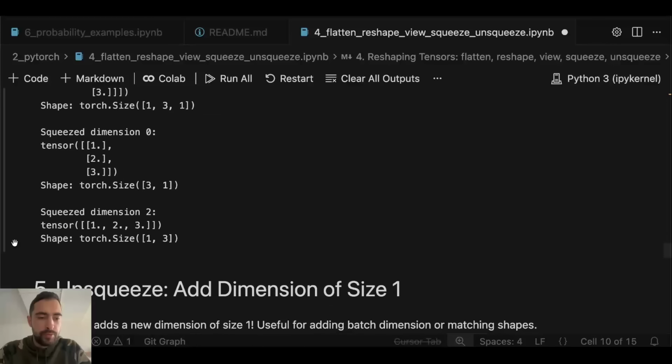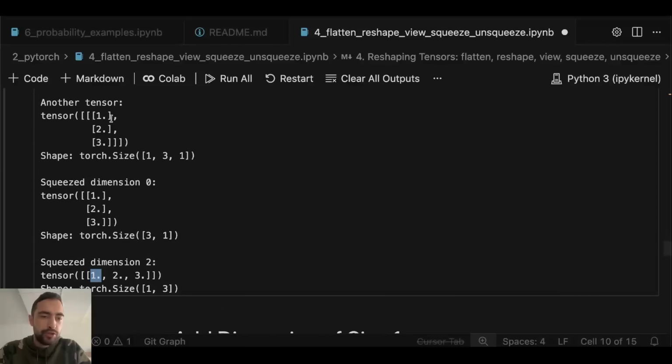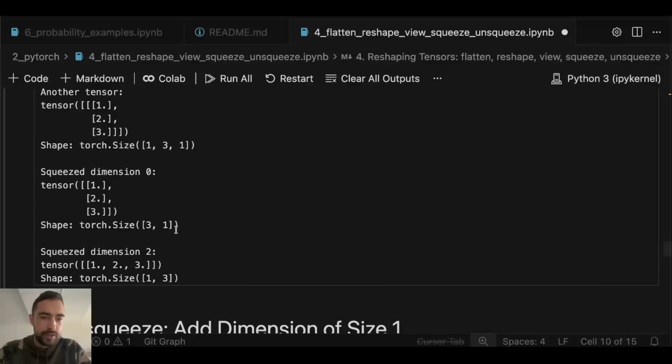So this will remove, you see here, every element was originally in its own array, but I'm going to remove that dimension 2 here. So now these elements will no longer be in their own array, and so we will just have these elements in this. So now it's 1, 3. Because we removed this, and now it's just 1, 3.